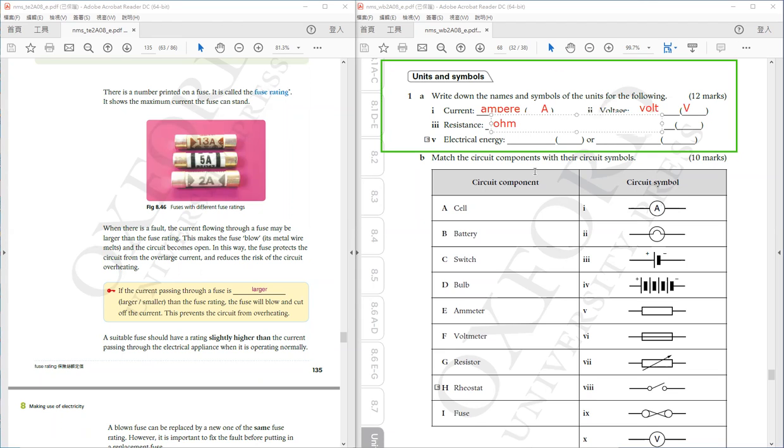Ohm should be drawn like this. Let me draw with the mouse. Okay, this is ohm. For power, and electrical energy, you don't need to learn at this moment.